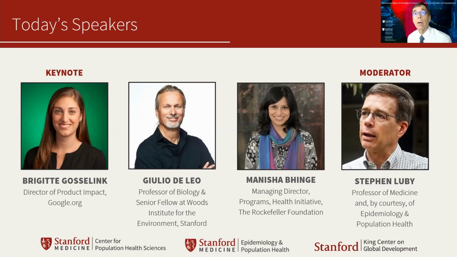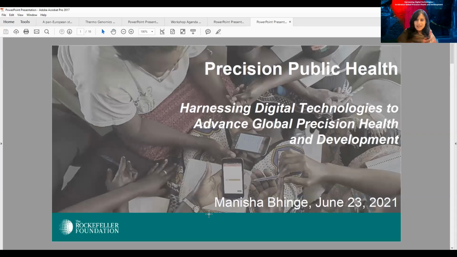Prior to Google.org, Bridget was a strategy consultant for nonprofits and foundations at the Bridgespan Group and worked for the U.S. Agency for International Development and IRD, focusing on innovative approaches in post-conflict transitions. She has an MBA from the Yale School of Management and a BS in Systems Engineering from the University of Virginia. So, over to Manisha.